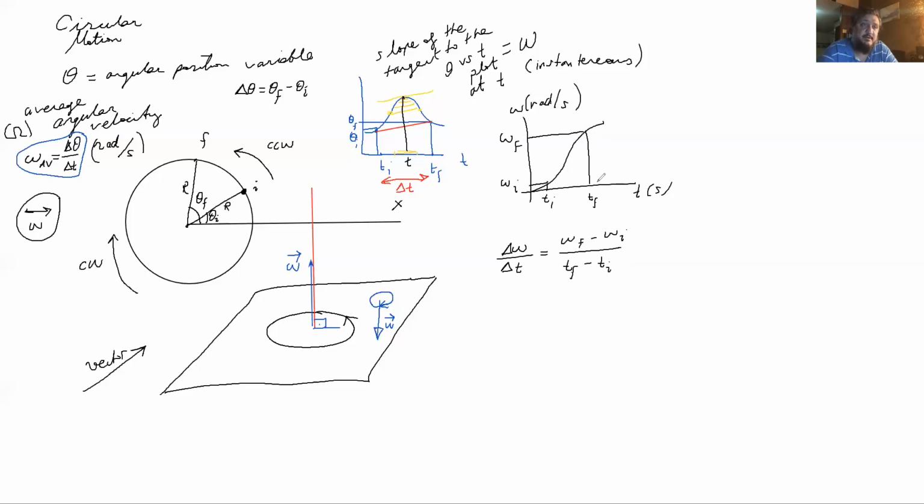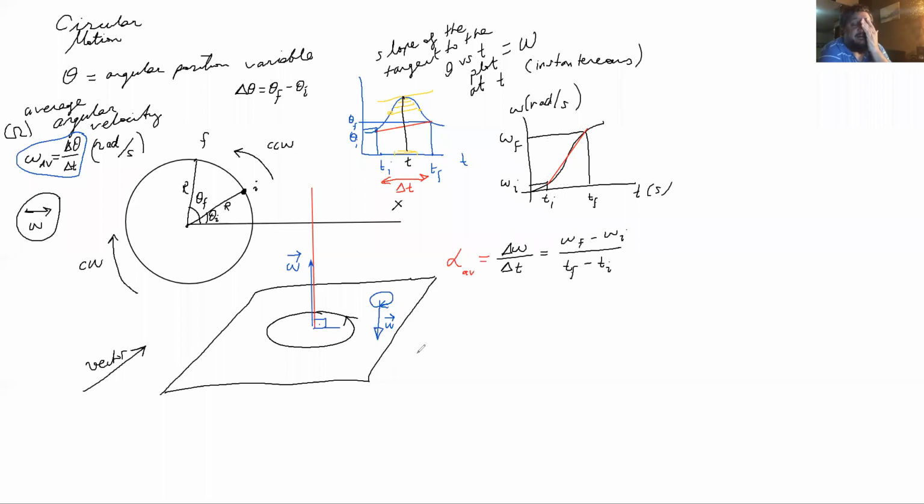All right, in other words, again, the slope of the line that joins the two points, from here to there. The slope of that line is what I just wrote here. Okay, and we define it as the average angular acceleration. The symbol is going to be alpha average.